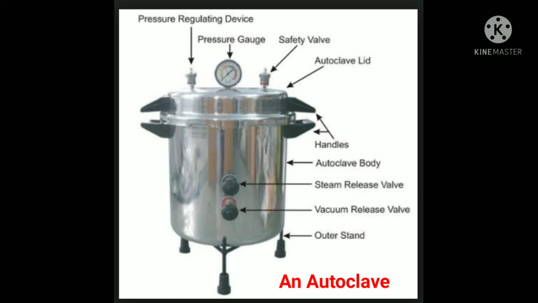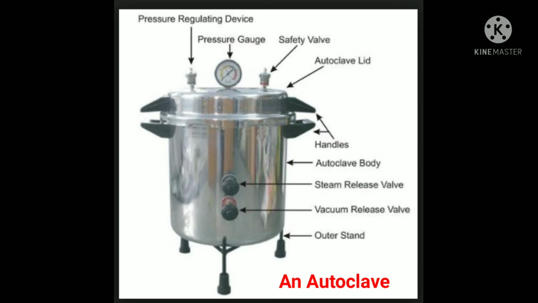This is how an autoclave looks, just like a fancy pressure cooker. The development of the autoclave by Chamberland in 1884 tremendously stimulated the growth of microbiology. In an autoclave, water is boiled to produce steam, which is released through the jacket into the autoclave's chamber.